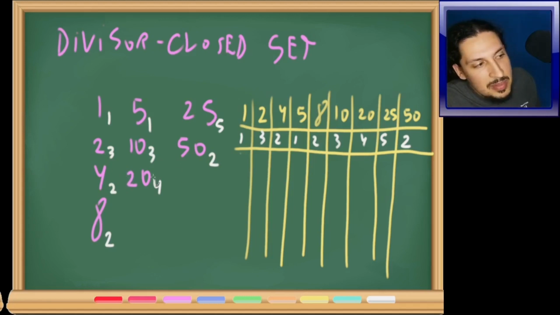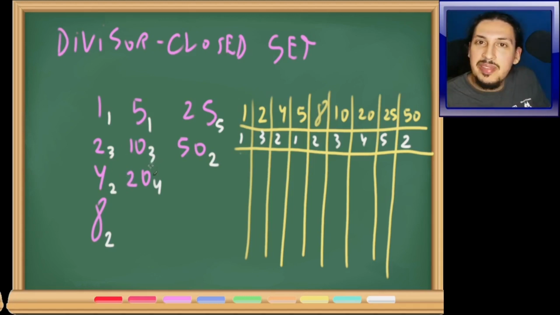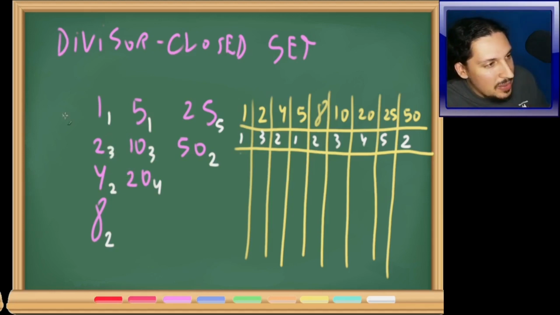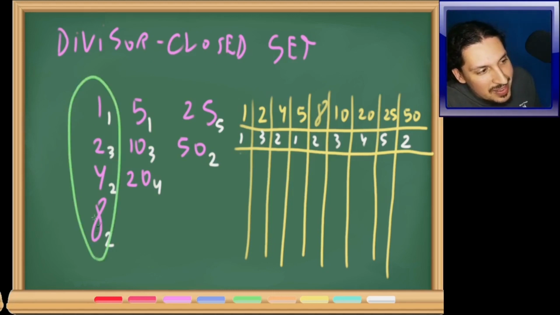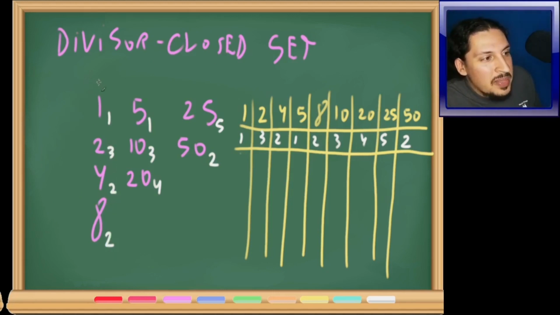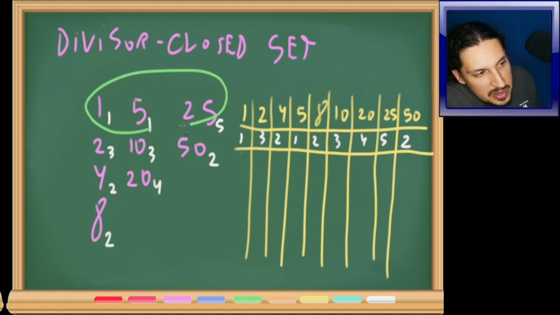Luckily, based on the way you arrange them on the table, and I never said it, the way to arrange it is that you have one dimension per prime, and in that dimension you put the powers of the prime. Like these are the powers of 2, this is actually the first column of the table, and then for the prime 5 you have the powers of 5, and so on.